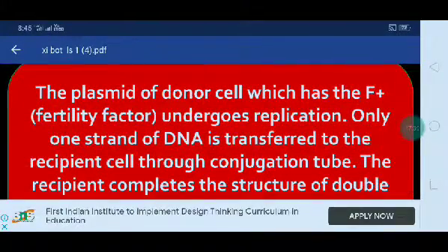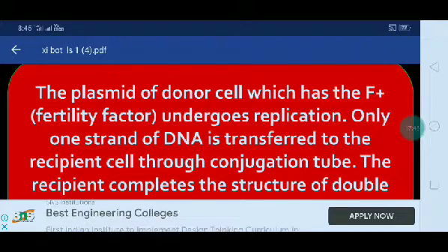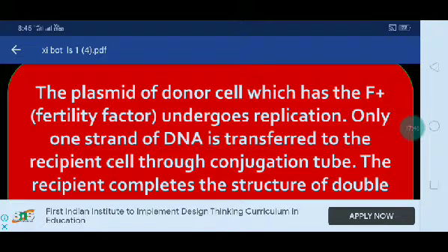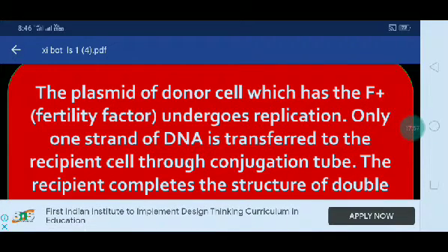The plasmid of the donor cell, which has the F plus fertility factor, undergoes replication. Only one strand of DNA is transferred to the recipient cell through the conjugation tube, the pilus. Here it is double stranded, but only one strand is transferred.